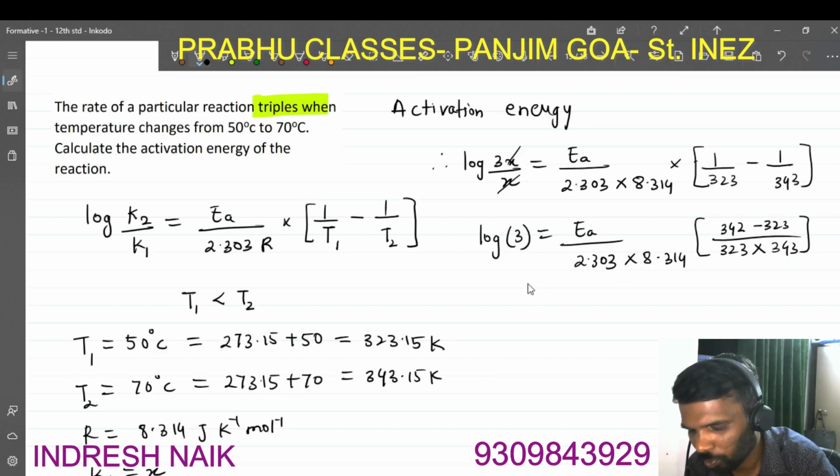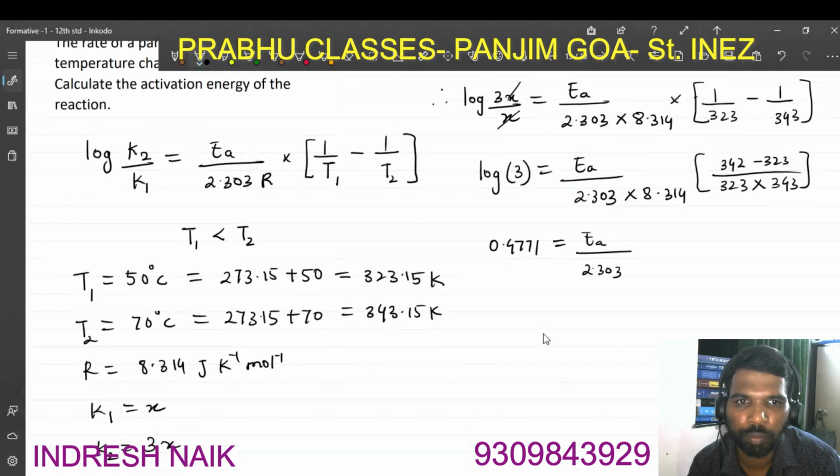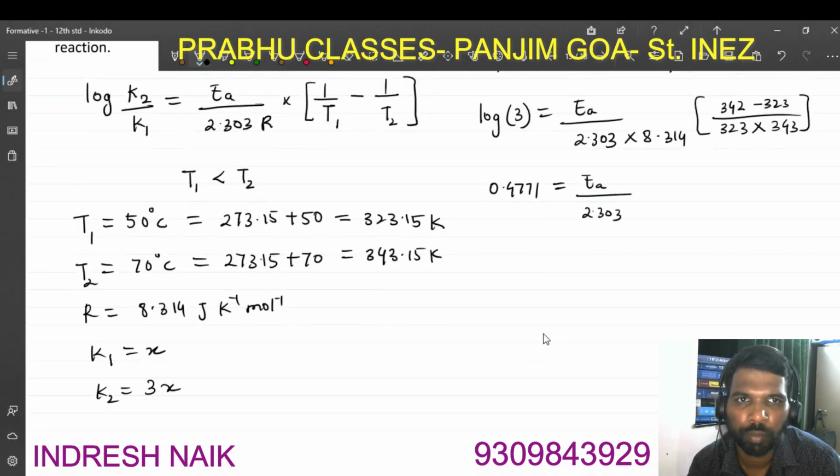So log of 3 is 0.4771. This is EA upon 2.303. Hope it's coming into the frame. Yeah, I'll take this up. EA upon 8.314 into this, which will become 20.